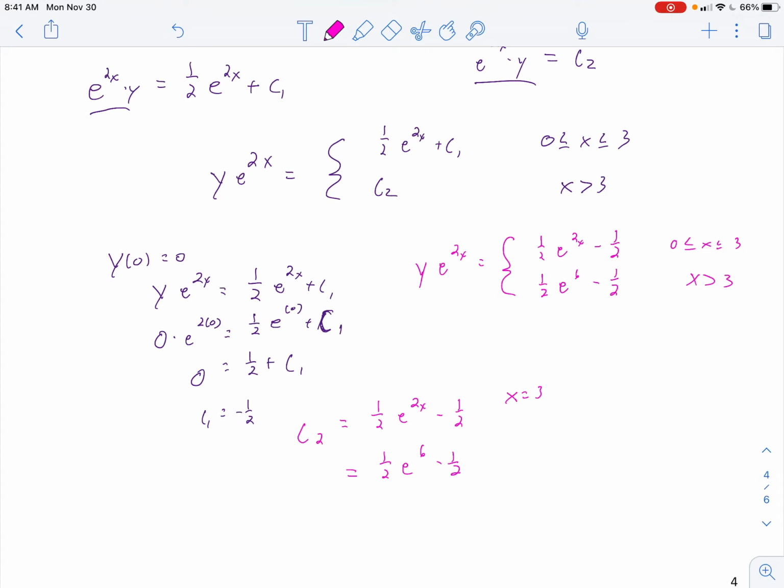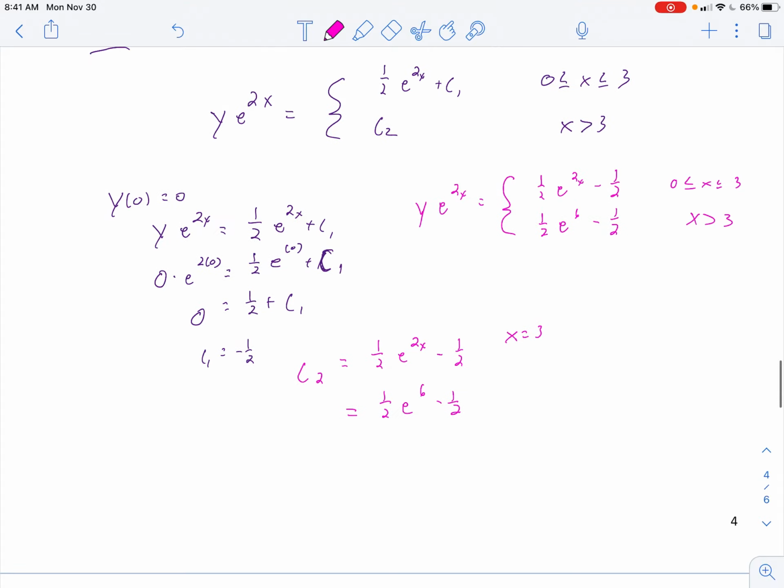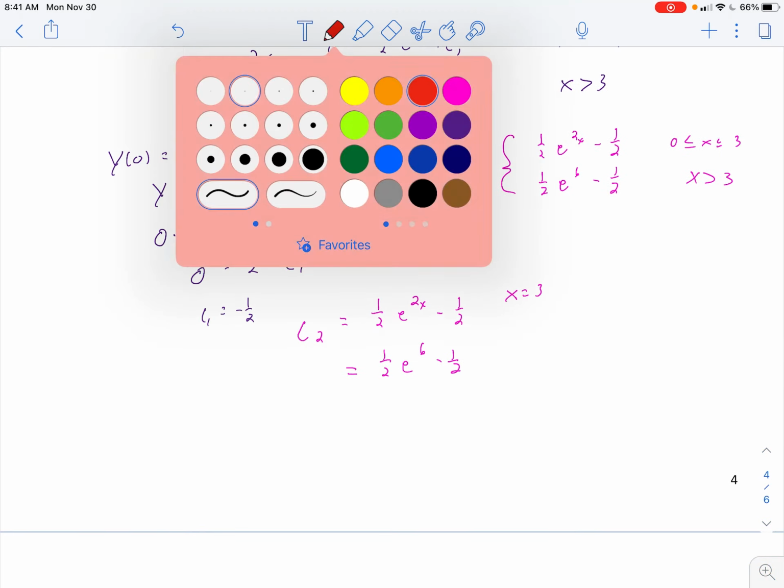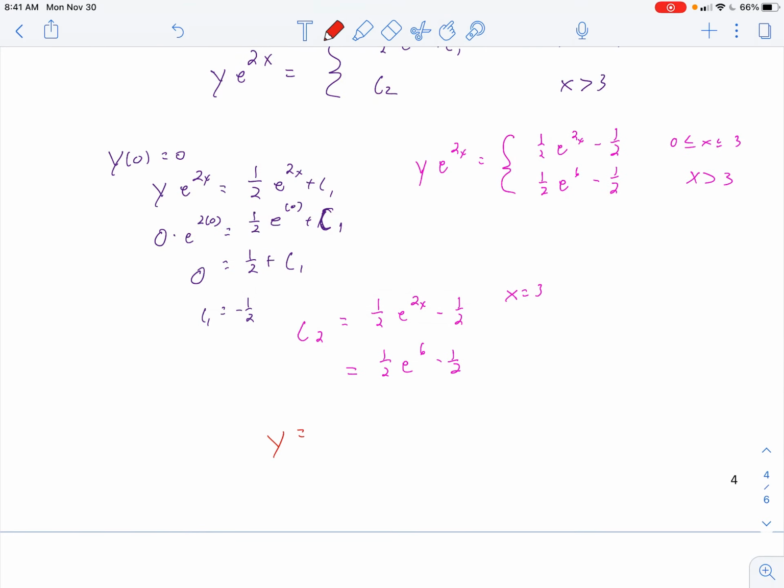All right. Now that we know that, we can solve for y for both of these. Our final solution comes from dividing both sides by e to the 2x. So we get y is equal to 1/2 minus 1/2 e to the negative 2x, since we're dividing by e to the 2x, for 0 less than or equal to x less than or equal to 3.